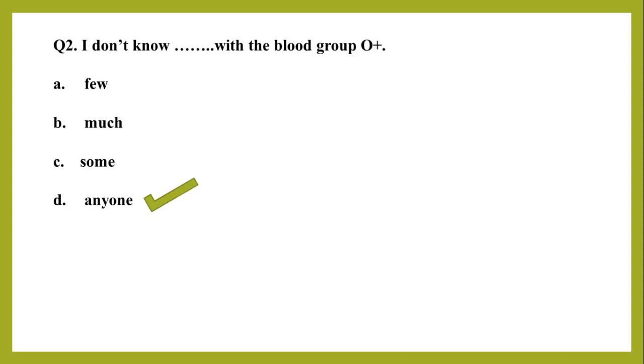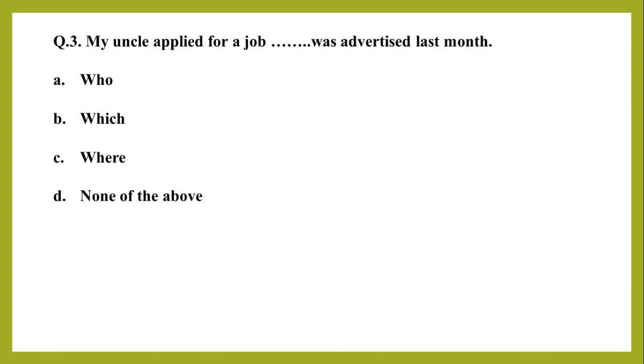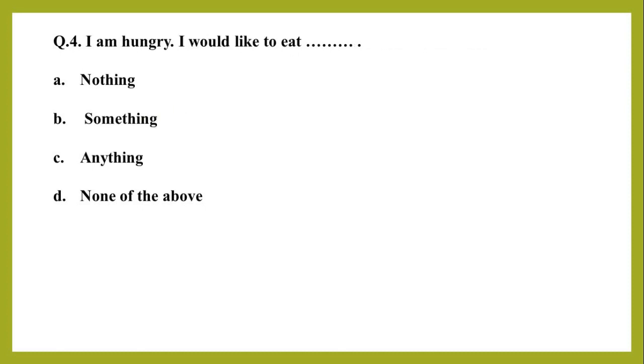anyone. Third is, my uncle applied for a job dash was advertised last month. Options are who, which, where, or none of the above. Correct option is which. Fourth is, I am hungry, I would like dash. Now students, again you have to complete the sentence by choosing the correct option given below.